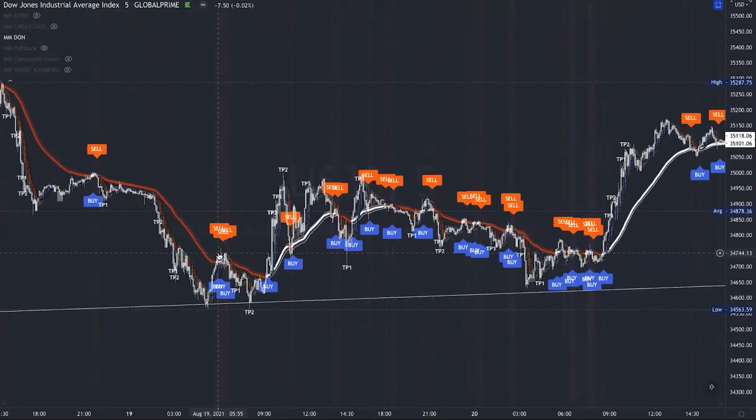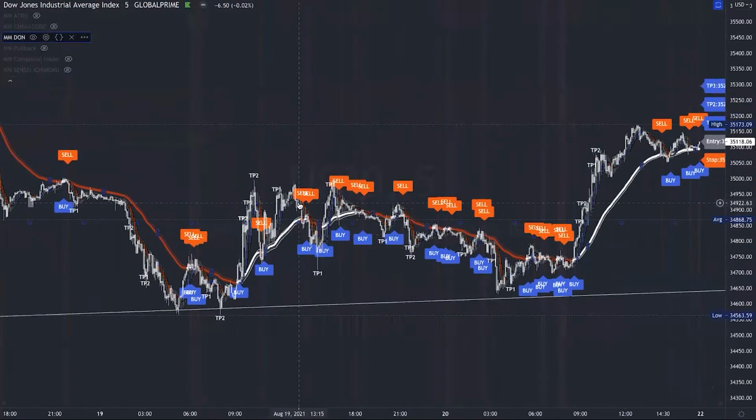Buy signal, this was valid for me, but you combine it with market structure, remember. I wanted to confirm by breaking this last period of structure up here, and then it came back, broke, retested, TP, TP2. And then selling, you don't have to take it. Buy, you can scalp it back up.